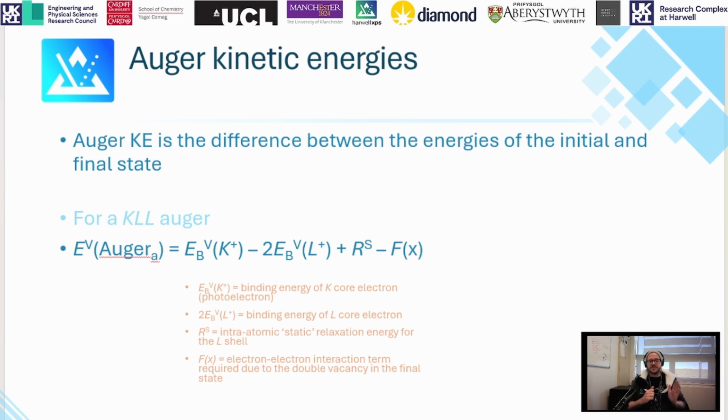So these are the electrons involved in the Auger process, plus a static relaxation term minus an electron-electron interaction term. Because we've got a double vacancy in the final state, we just need this interaction term for completion.